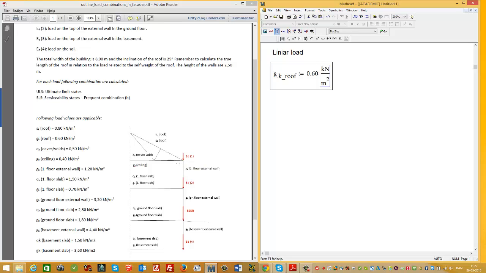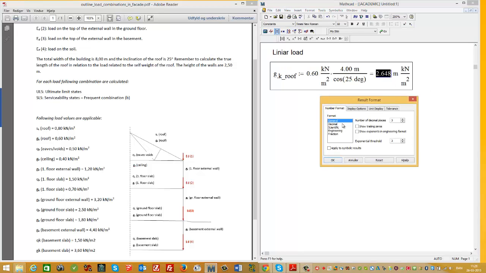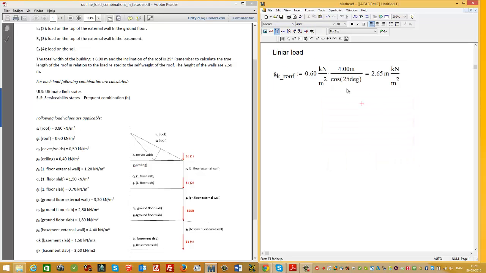And the diagonal length, that is 4 meter, the half of the width of the house, divided by cosine of 25 degrees. And then the output I convert to kilonewton per meter. Normally 2 decimals is enough.